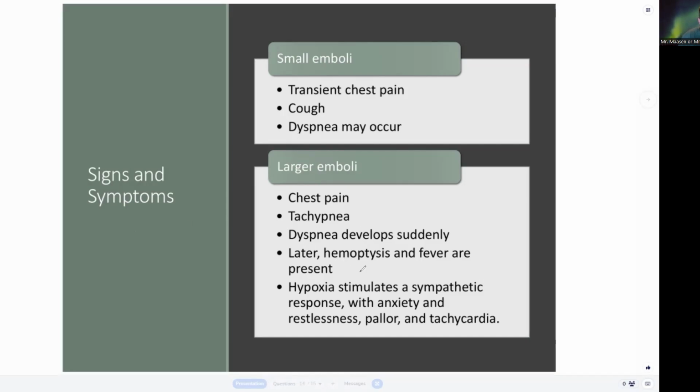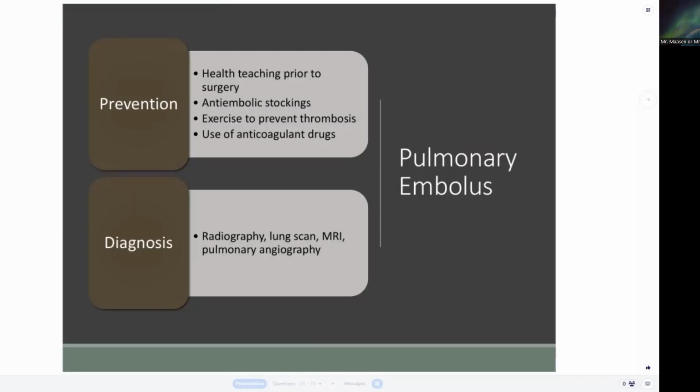They could have tachycardia, restlessness, anxiety, those kinds of things. Prevention is going to be about teaching. We're always going to be more at risk of blood clots after a surgical procedure. That's why they usually do things like TED hose, anti-embolic stockings, and anticoagulant drugs for big surgeries like orthopedic surgeries.